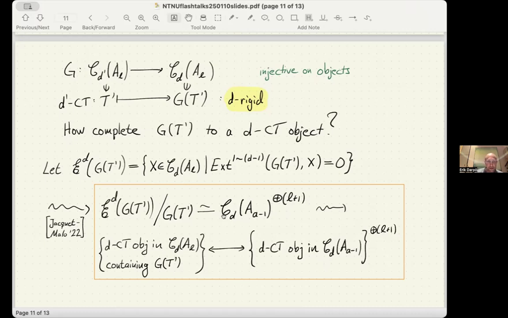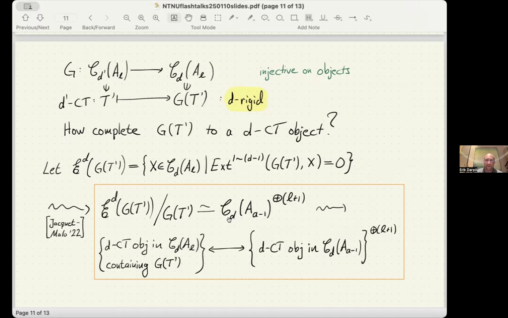So it's the d-cluster category of A minus 1. And what this leads to is that in order to complete the image of T prime to a d-cluster tilting object, what you need to do is choose a cluster tilting object in each one of these smaller categories.